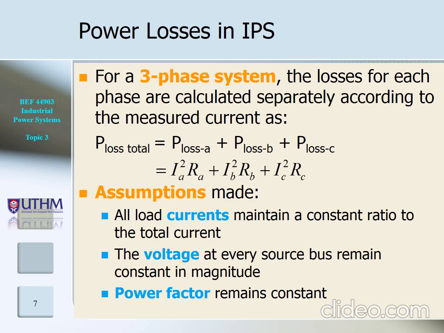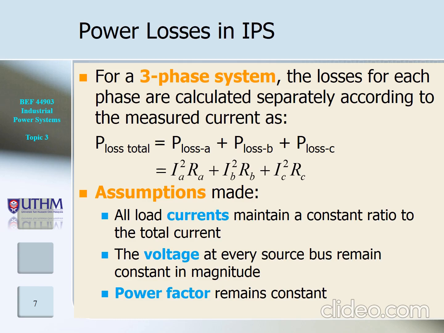Okay, for a 3-phase system, the losses for each phase are calculated separately according to the measured current, as P loss total is equal to P loss A plus P loss B plus P loss C. This is the formula for the P losses for a 3-phase system.